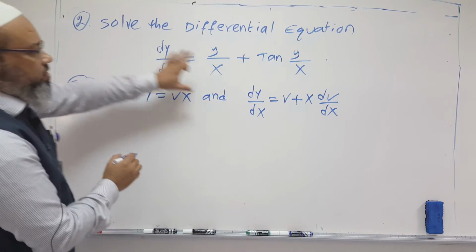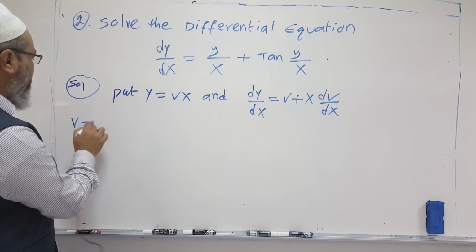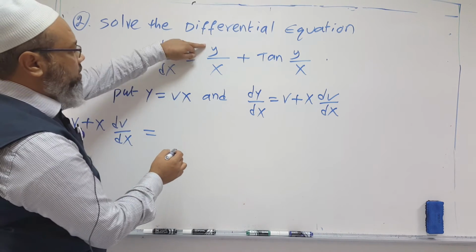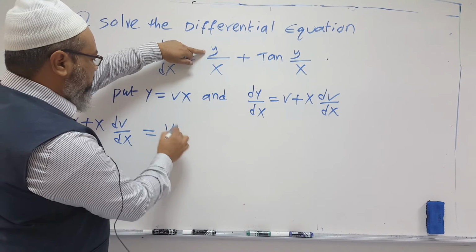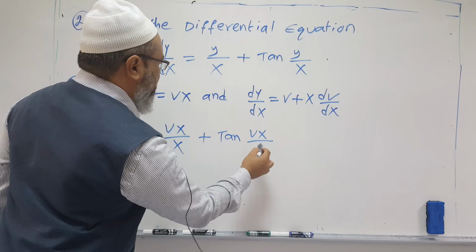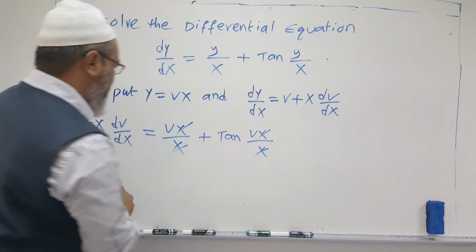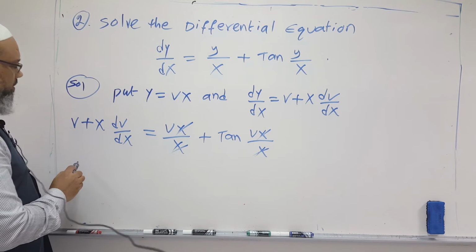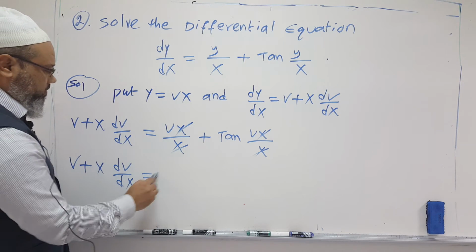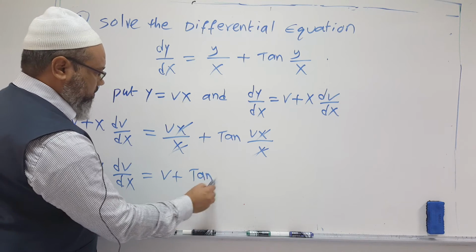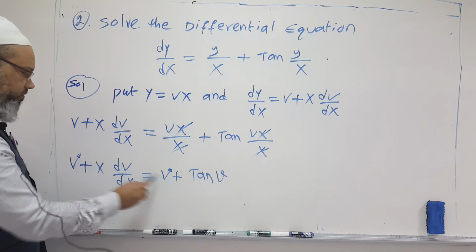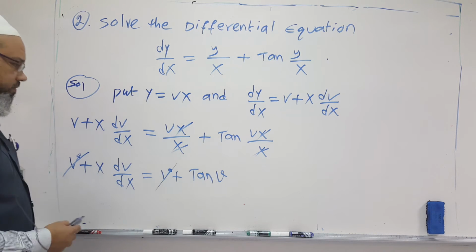The right side is v plus x dv over dx, y is vx, so vx here plus tan vx divided by x, cancellations, and also another cancellation is there. So only v remains. This v and plus v, you see, both sides same term cancel.